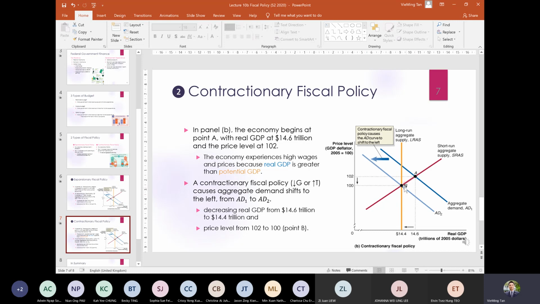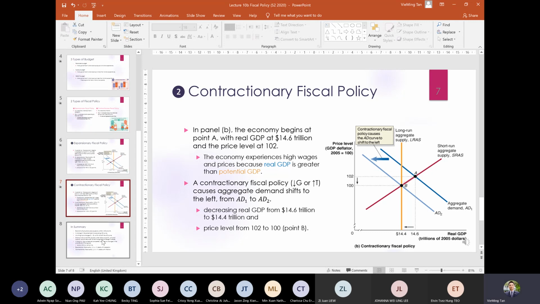You may find that at this point, the price level of the products is now reducing, and the GDP value is also reducing. By reducing the price level, this can also reduce the inflation rate of the nation. This is how contractionary fiscal policy works.